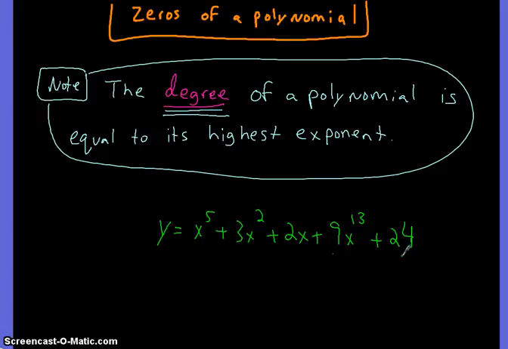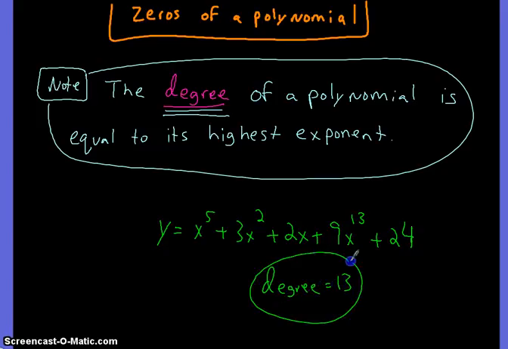But its degree is its highest exponent. So you look: 5, 2, this exponent is understood 1, this exponent is 13, and this doesn't have a variable, so technically its degree is 0. So the degree of this polynomial is 13.